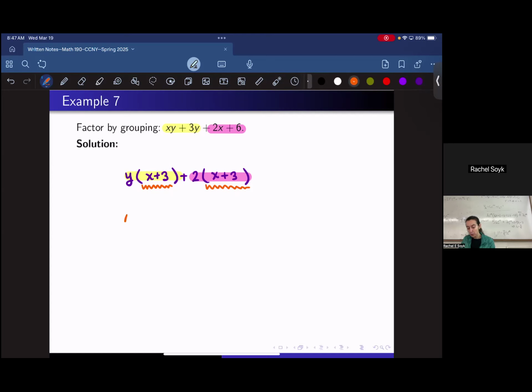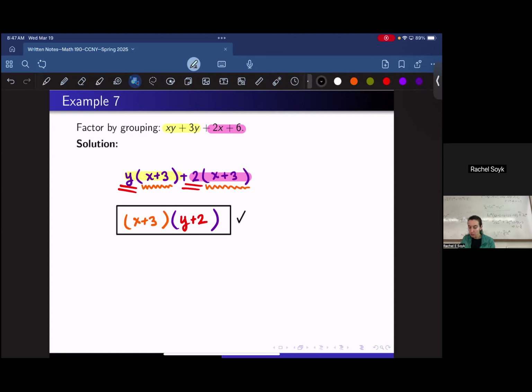So now we can pull out that x plus 3 from each of these terms. And then when we do, what are we left with? y plus 2. And we're done.